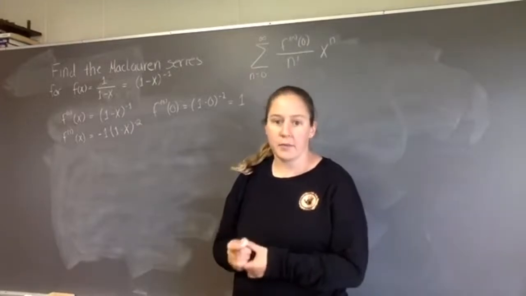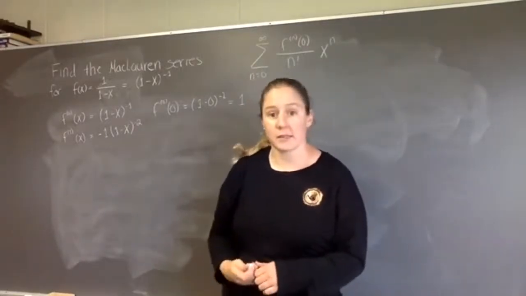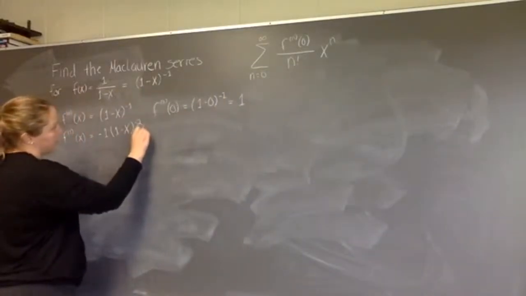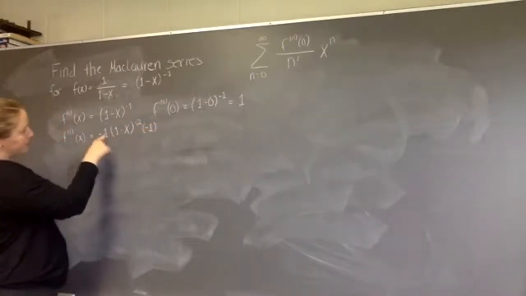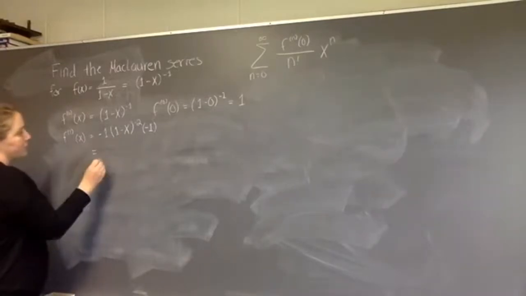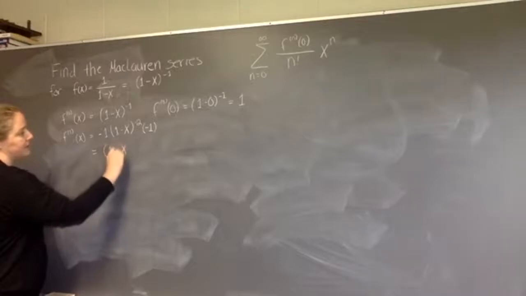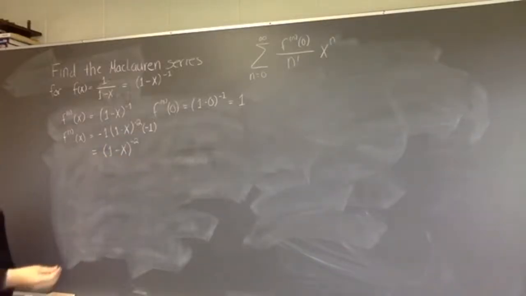The derivative of 1 minus x is negative 1, because the derivative of negative x is negative 1. So this actually all gets multiplied by a negative 1. These two negatives are going to cancel each other out. So this is really just 1 minus x to the negative 2, since the two negatives became a positive 1.